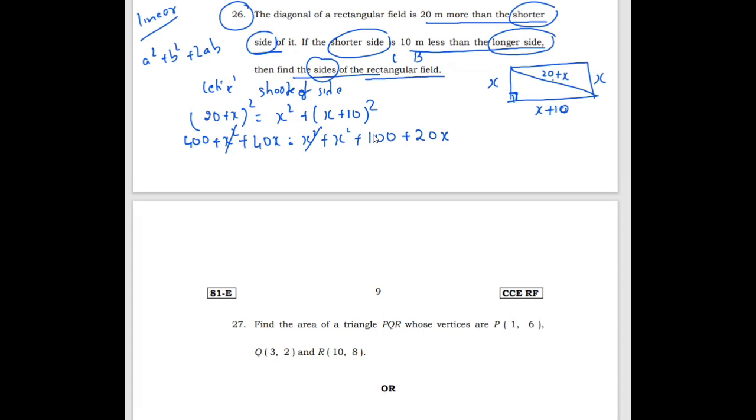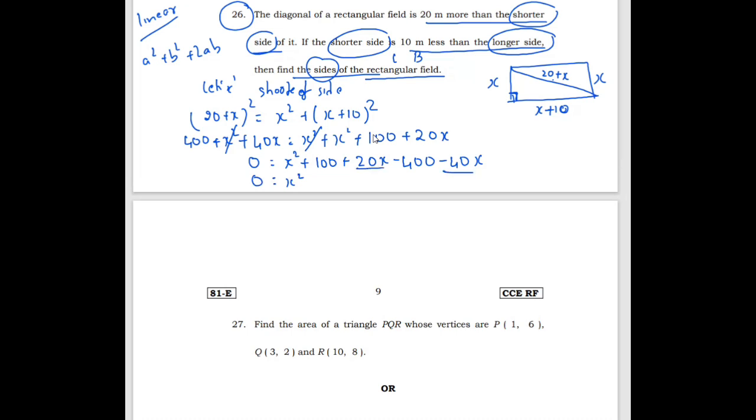Next you arrange everything. I'll take all these numbers to the other side. So I'll keep x square plus 100 plus 20x, minus 400, which comes from that side to this side, then minus 40x. Now if I simplify, 0 is equal to x square as it is, 20x minus 40x.